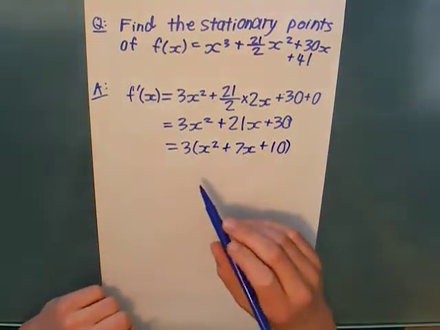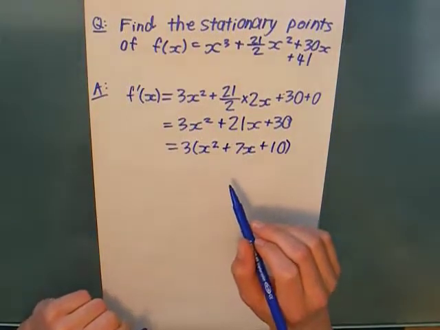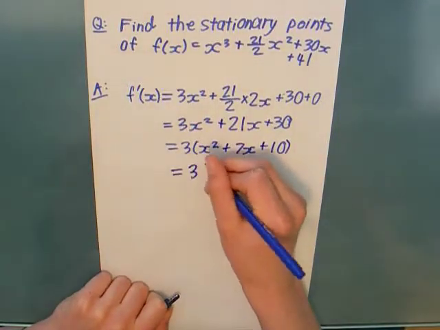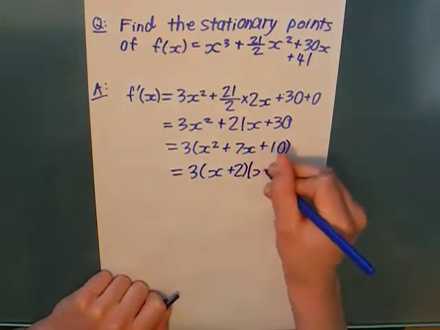Now, as some of you may know, I factorised this quadratic in an earlier video, and also it's quite simple to factorise. So I'm just going to skip straight to the solution, which is just 3 times x plus 2 times x plus 5.